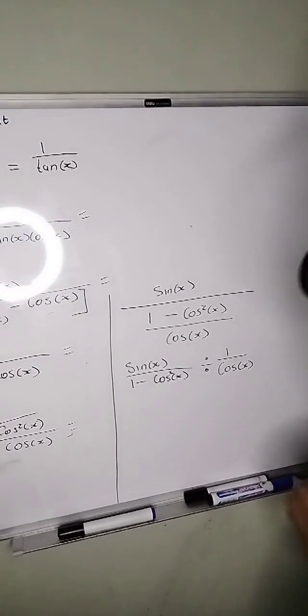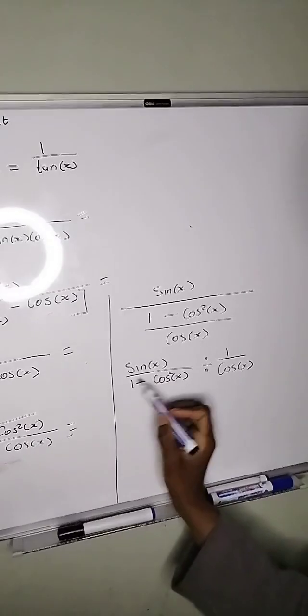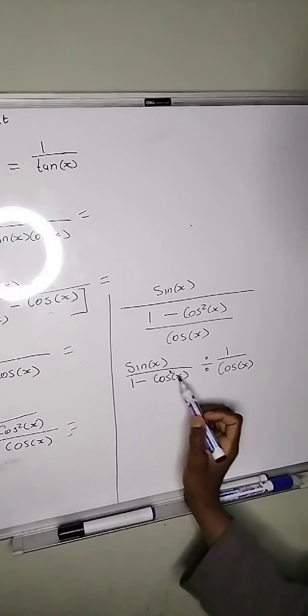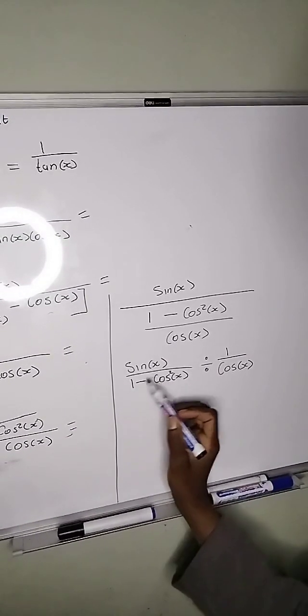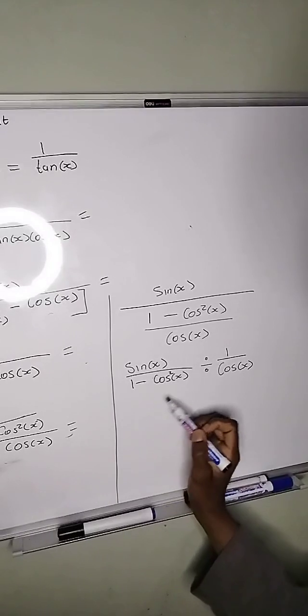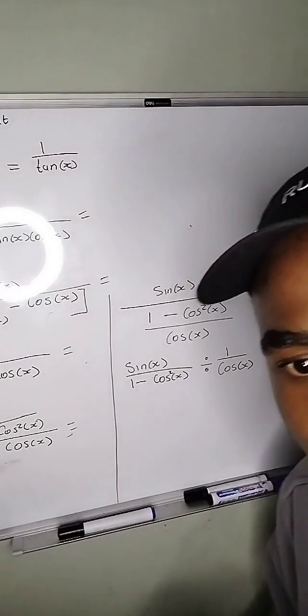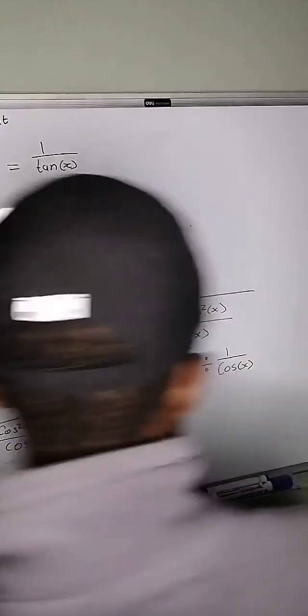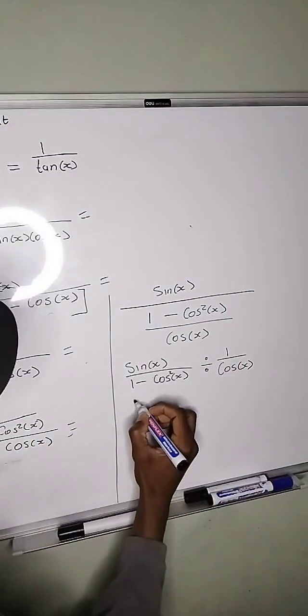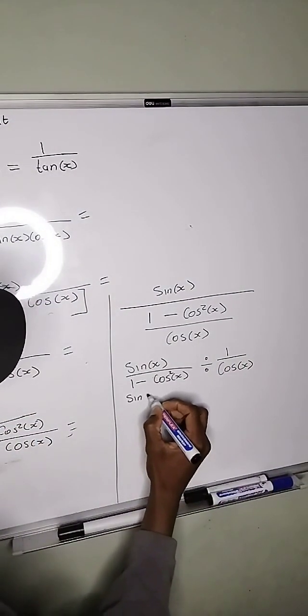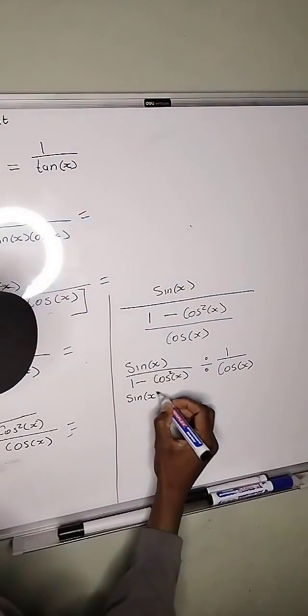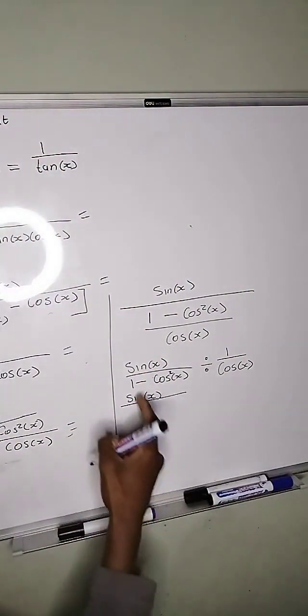So let's go. What is the identity here? Can you please give me the identity? So I'm going to say sine x divided by this one.